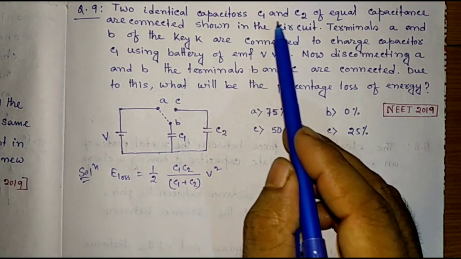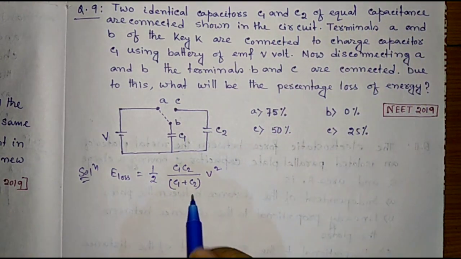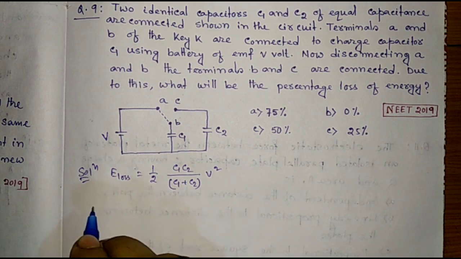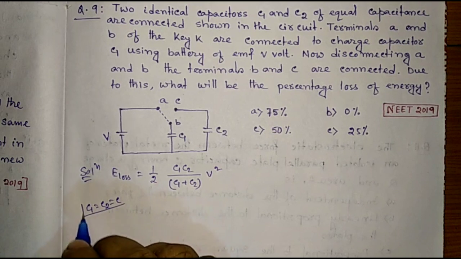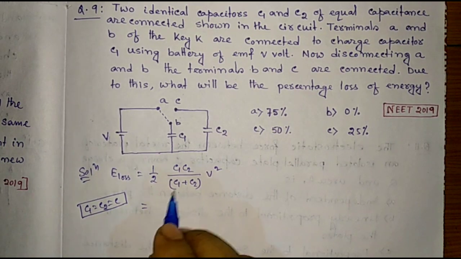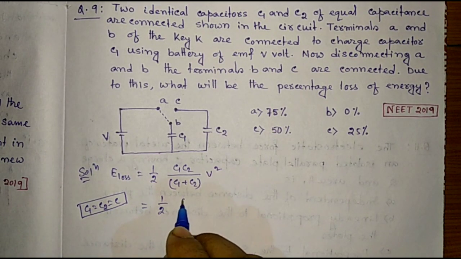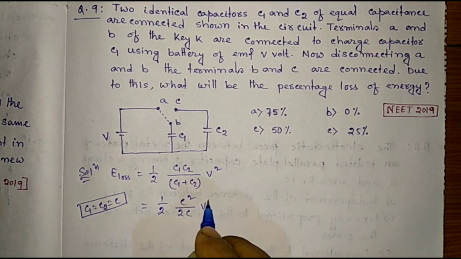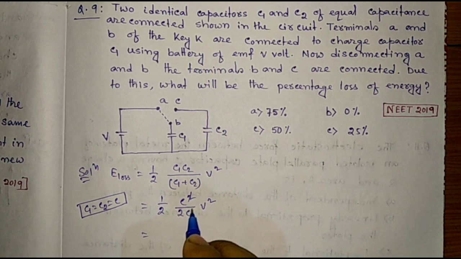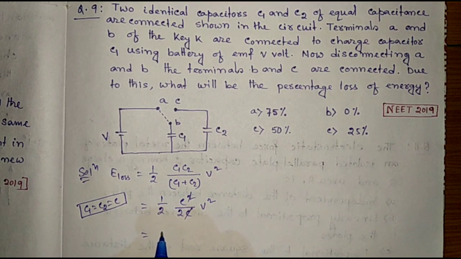But here C1 and C2 are of equal capacitance, so we can write C1 equals C2 equals C. So this is equal to half C square divided by 2C into V square, which is equal to half, this is half C V square.